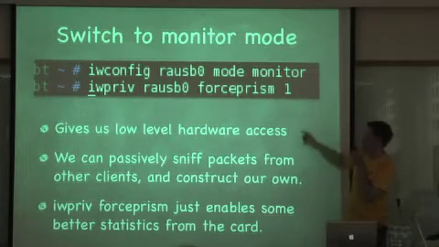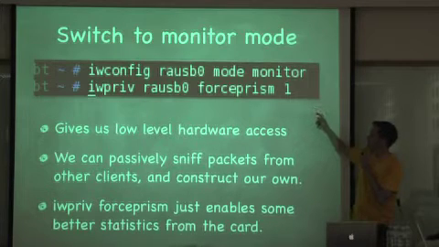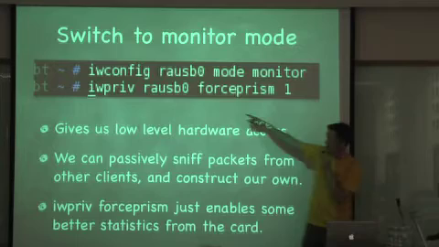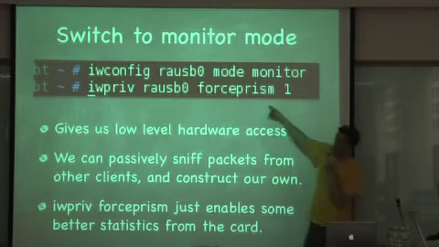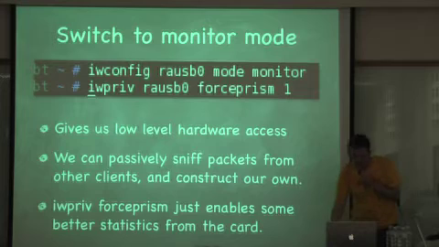Next thing you do is put your card into monitor mode, and I think it just makes it work better. You can get some statistics from the card about how fast it's working.